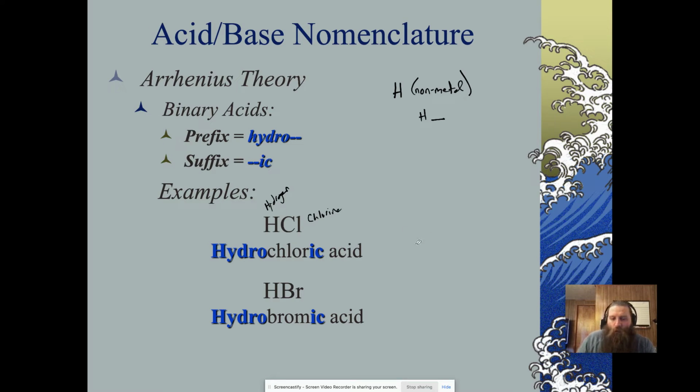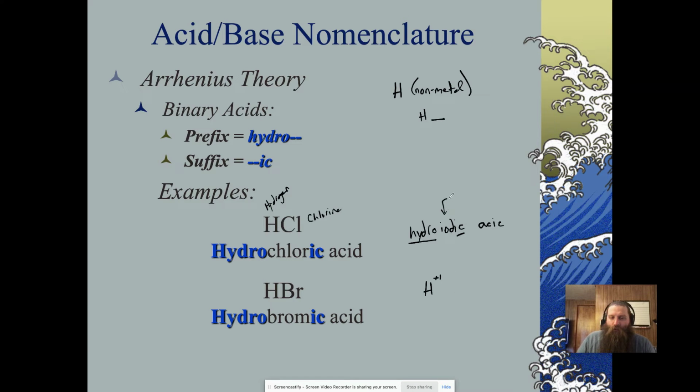Let's say we wanted to look at hydroiodic acid. All right, because I see hydro out front and the ending IC, I know it's binary. So I know it's going to start with hydrogen, which is a plus one charge, right? It's over there in group 1 on the far left side of the periodic table.